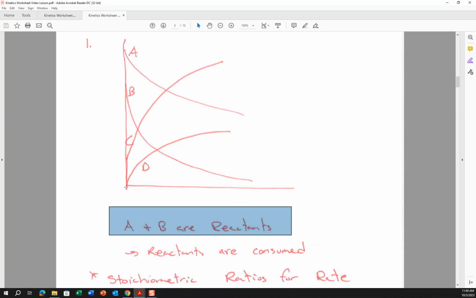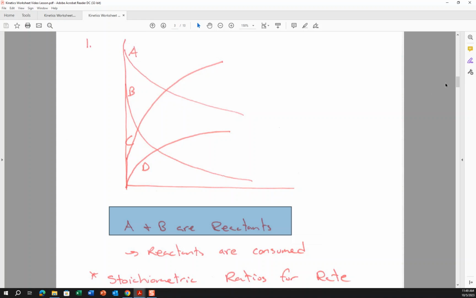You start with 0 product, and as the reaction approaches equilibrium, as you lose reactant, you gain product. So the products always start at 0 and increase, and the reactants always start at their highest number and then decrease.